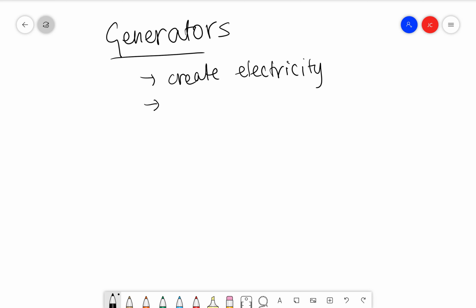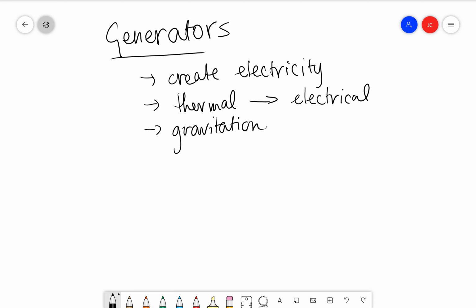So some generators may start with thermal energy and convert thermal into electrical. Others may start with gravitational energy and convert gravitational energy into electrical. But the ones we're going to look at today, and the most common, take kinetic energy, which is motion, and convert it to electrical.